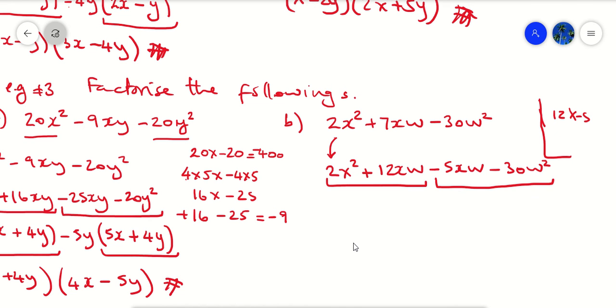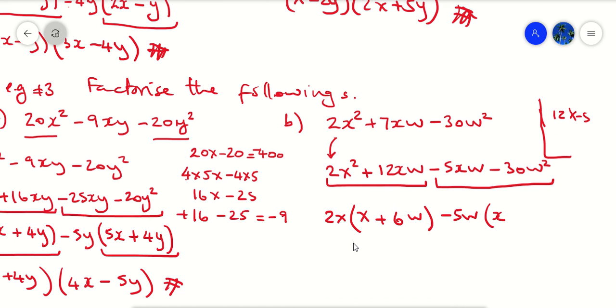What do I get here? I can see the common factor is 2x. If I pull 2x outside of 2x squared, I'll be left with x, plus, if I take 2x outside of 12xw, I'll be left with 6w. You with me? Right, now the second two terms I've got common minus 5w, and if I take minus 5w out of this term, I will be left with x.